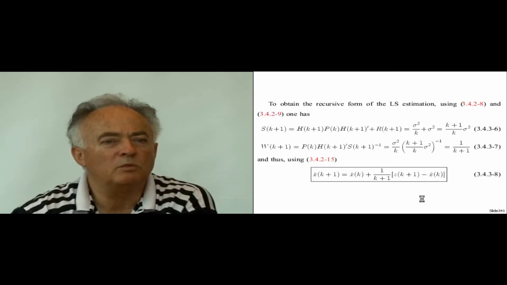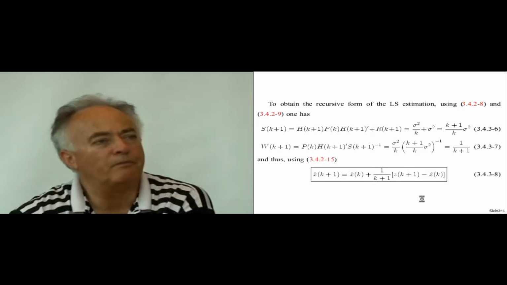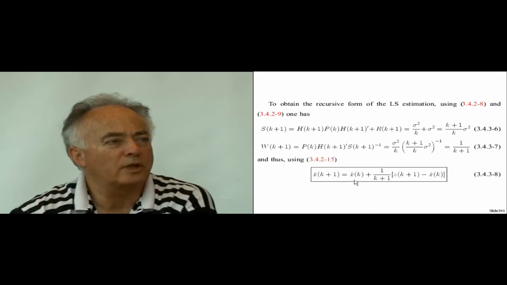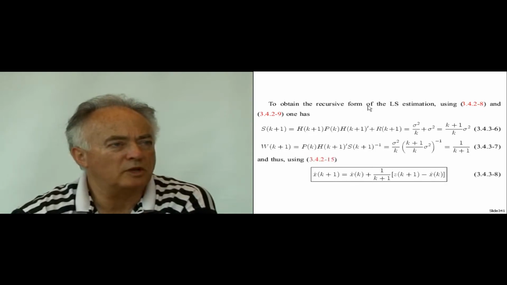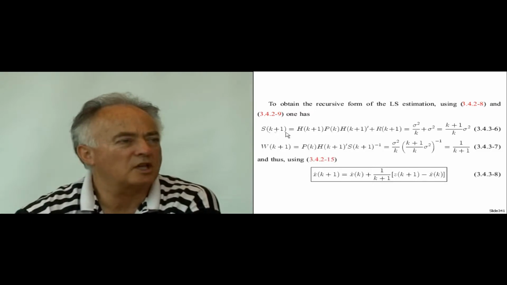Now we will rework this batch least squares estimator into the recursive form. To obtain the recursive form of the least squares estimation, we are going to evaluate the S matrix, which is H P H prime plus R. A little bit of algebra yields k plus 1 over k times sigma square.